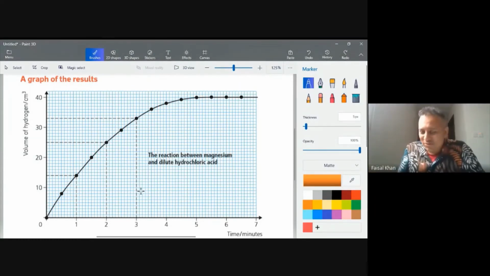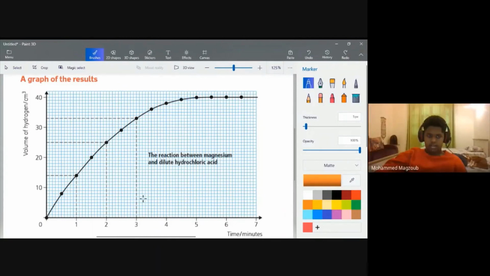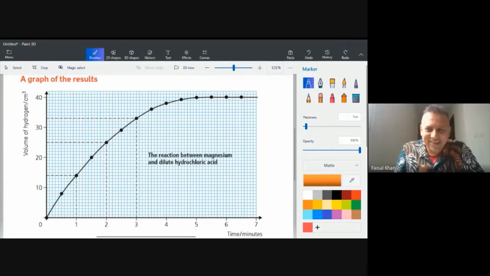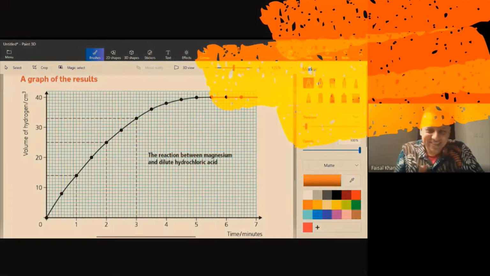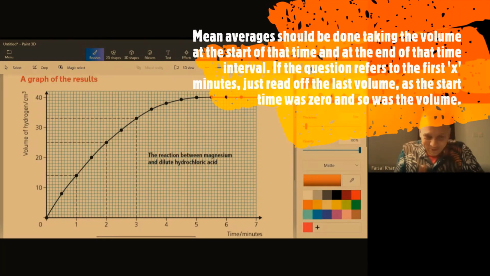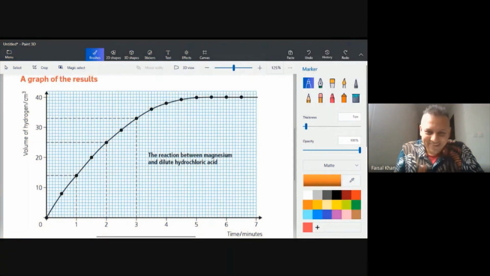Your struggle is trying to figure out whether you should go for the whole 3 minutes or from the second minute to the third minute. Read the question again. Your approach is correct, but you're missing the runway. If you're a plane, your approach is correct, but you're missing the runway.